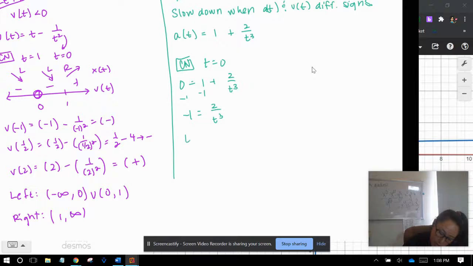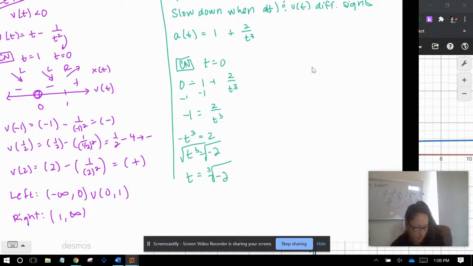Cross multiply. Negative t cubed is equal to 2. So t cubed is equal to negative 2. Take the cube root. So t is equal to the cube root of negative 2, which is about equal to negative 2 to the 1/3 power, negative 1.25 and so on.